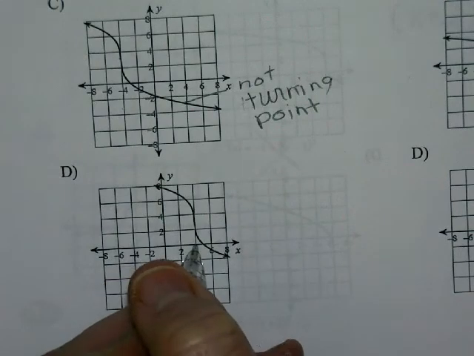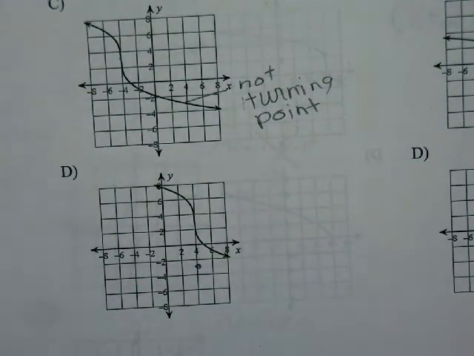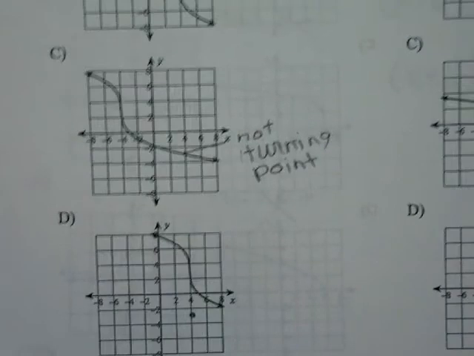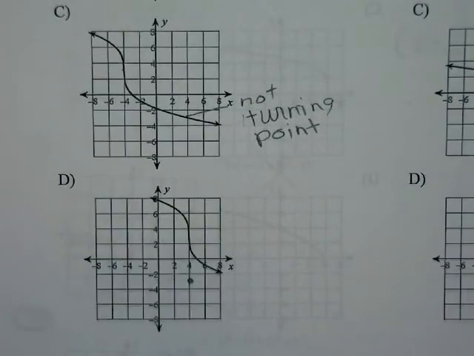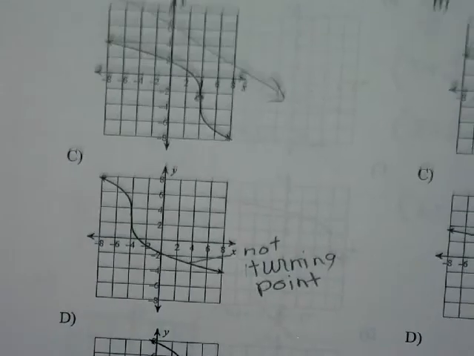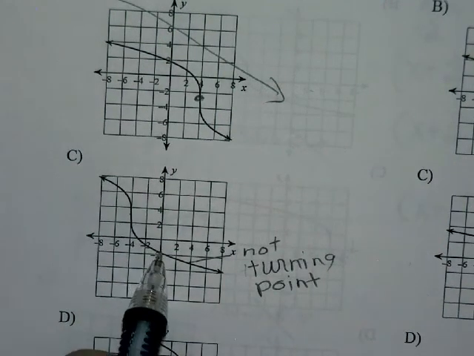Turning point's up over here, right? You guys see that turning point? With your educated eyes. And then D, 4 to the right, 3 down, is obviously not that story.